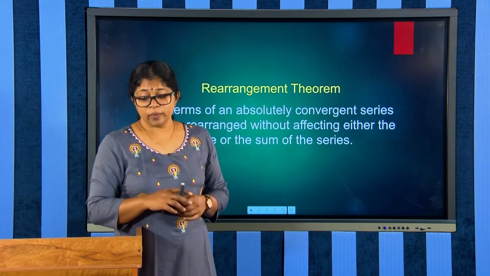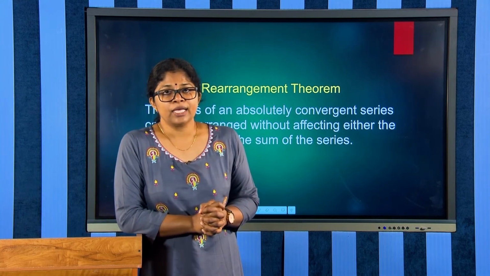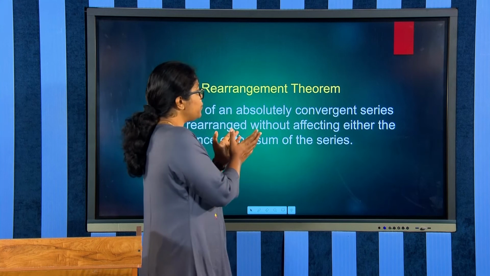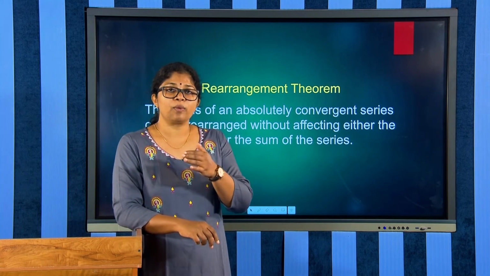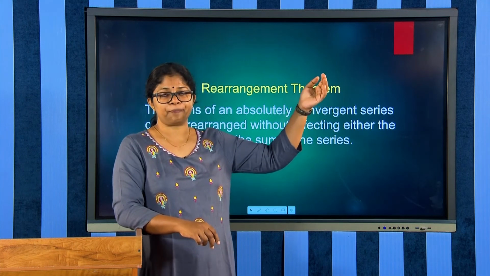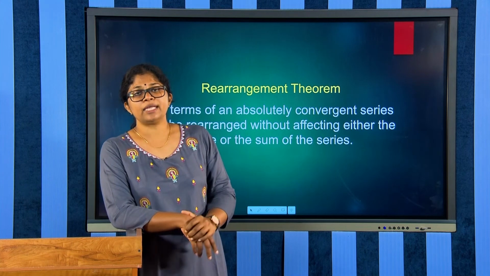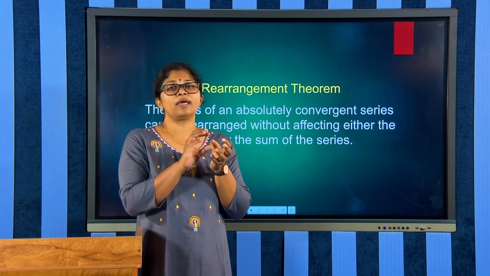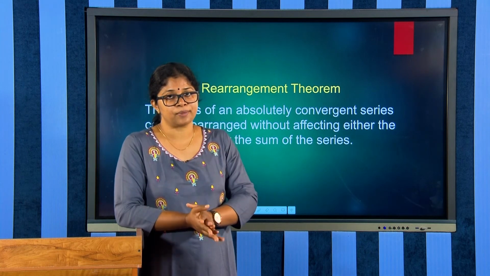Now, why do we learn absolute convergence and conditional convergence? If you have an infinite series, the terms are starting from n equal to 1 going up to infinity. For simplification of calculations, in some cases it may be required to rearrange the terms of the series.